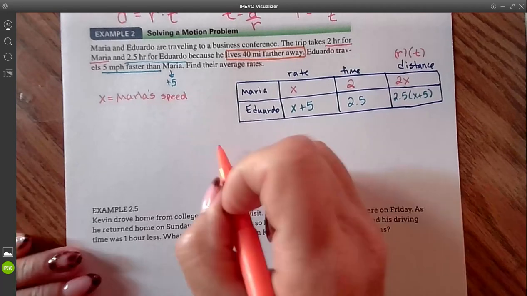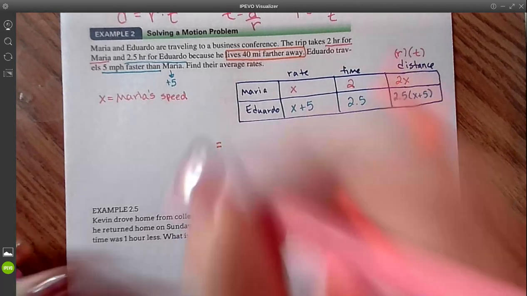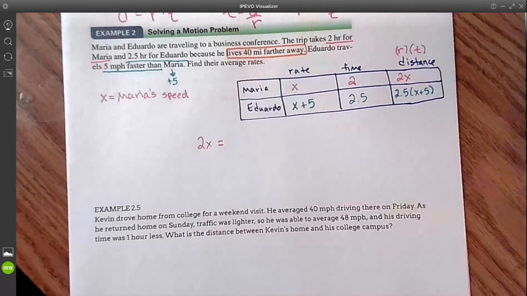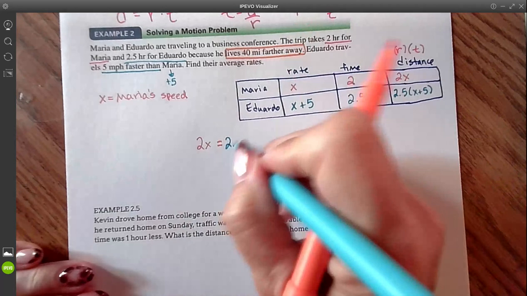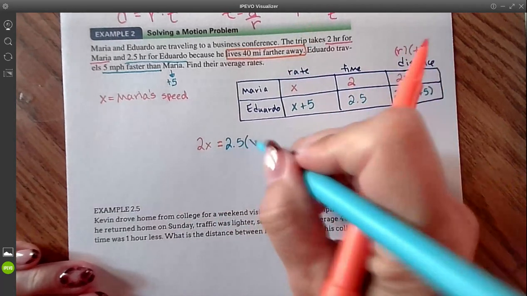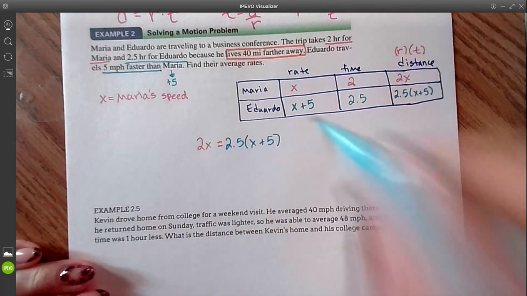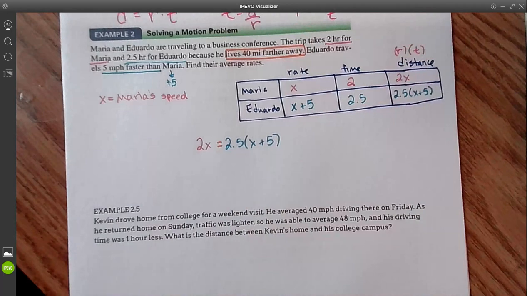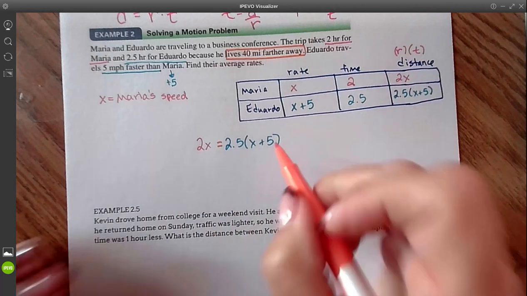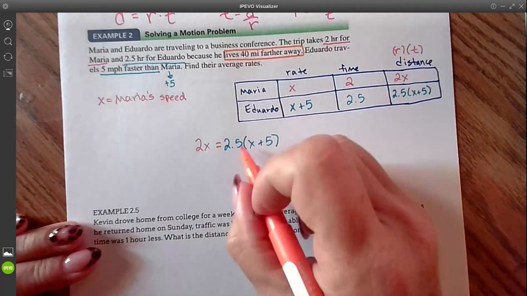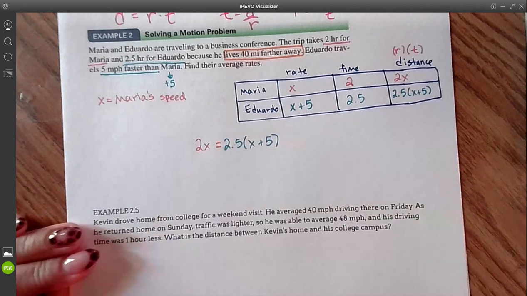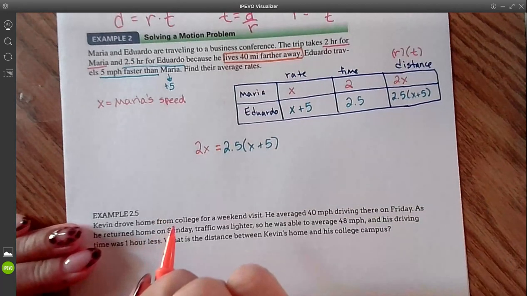So if I wrote down the equation that Maria's distance is equal to Eduardo's distance, that would not be a true equation because Eduardo lives 40 miles farther away. So Eduardo's distance is going to be Maria's distance, but 40 miles further away.